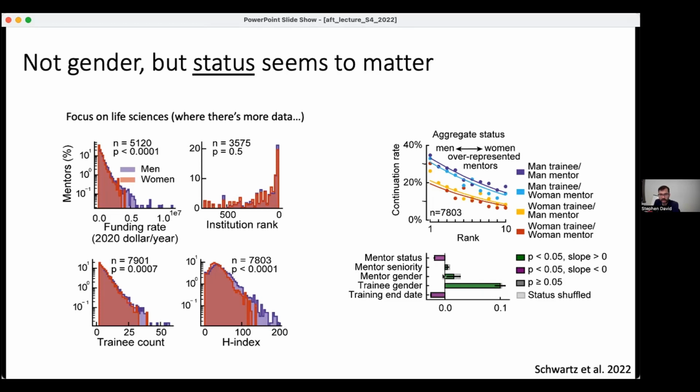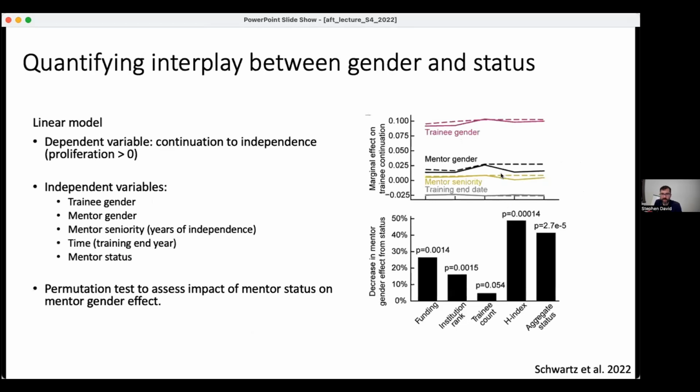But if we look at mentor gender and ignore status, that's the gray bar here, that's a pretty large effect. If we incorporate status, we see basically a 50% reduction in the effect of the mentor's gender. So for us, the conclusion was that a lot of these mentor gender effects can be attributed to differences in status between mentors.